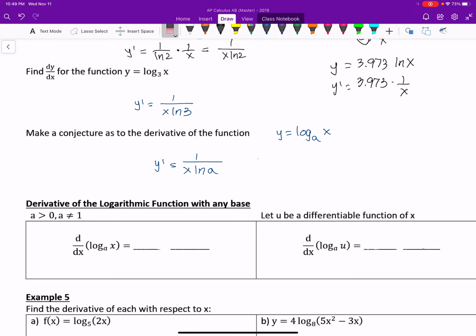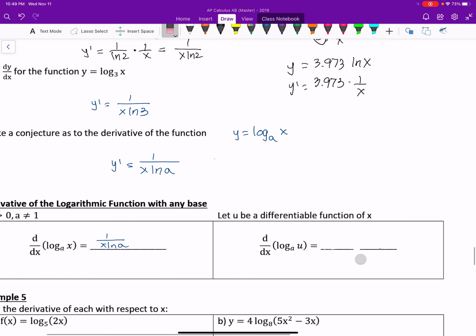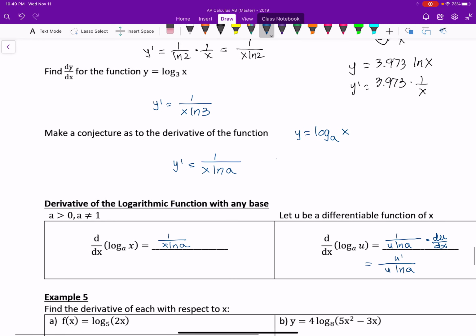We have some rules for the base there. And we ended up with 1 over x times the natural log of a. And we can also apply the chain rule to that, so same over here, times du dx. Some people like writing it like this instead: u prime over u natural log of a. Whichever way they like, either way.